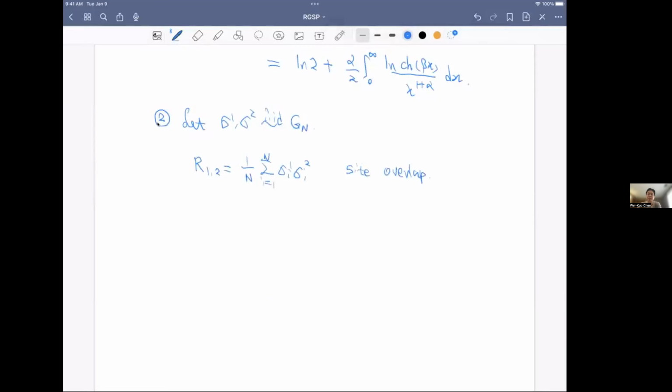This is the site overlap because, imagine that you have a graph, and these i are the indices, the vertices. So right now you compare the sign of sigma 1 and sigma 2 on each single vertex, and then you look at the average. So this is the site overlap.